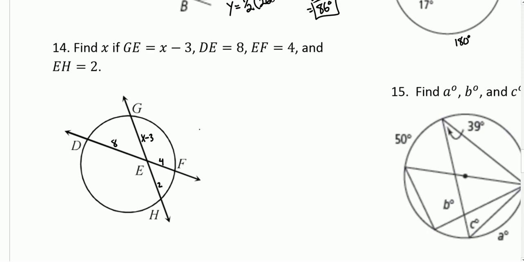So we know that 2 times X minus 3 is equal to 8 times 4, or 2x minus 6 is 32. Add 6, you get 2x is 38, divide by 2, x is 19.